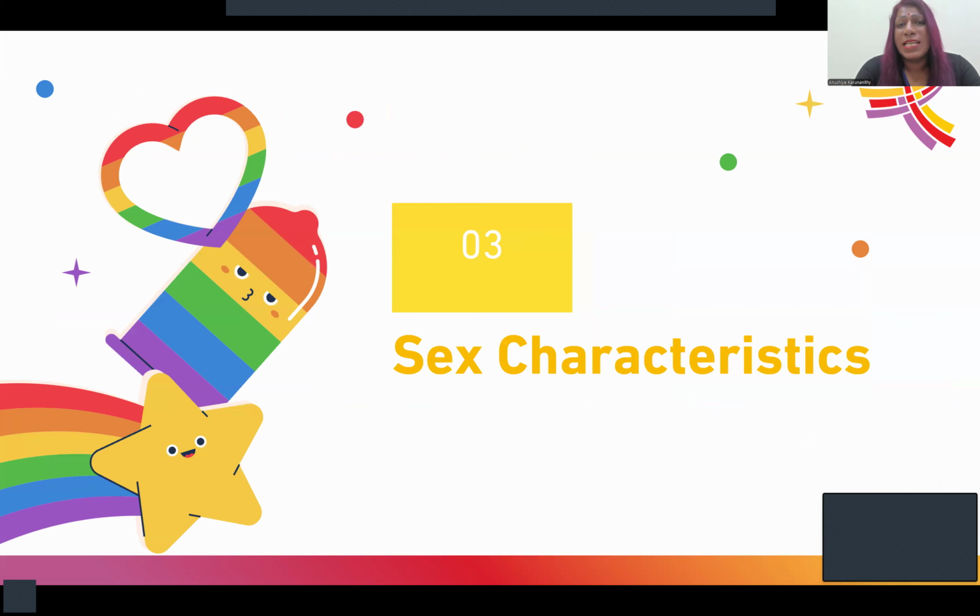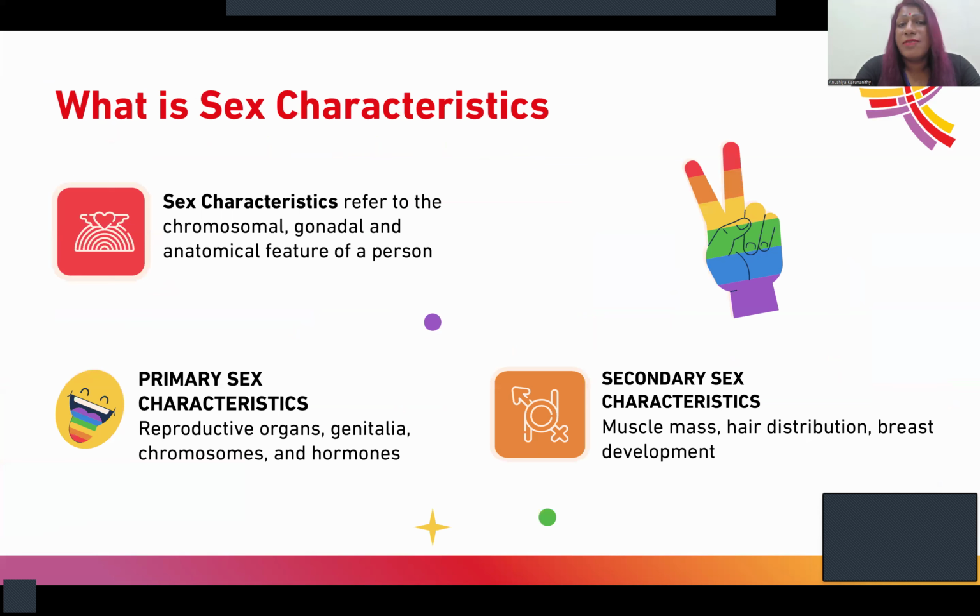Now moving on to sex characteristics. These refer to the biological aspects of a person, including chromosomes, reproductive organs, and secondary features like muscle mass or breast development. Primary sex characteristics are present at birth, while secondary ones develop during puberty.